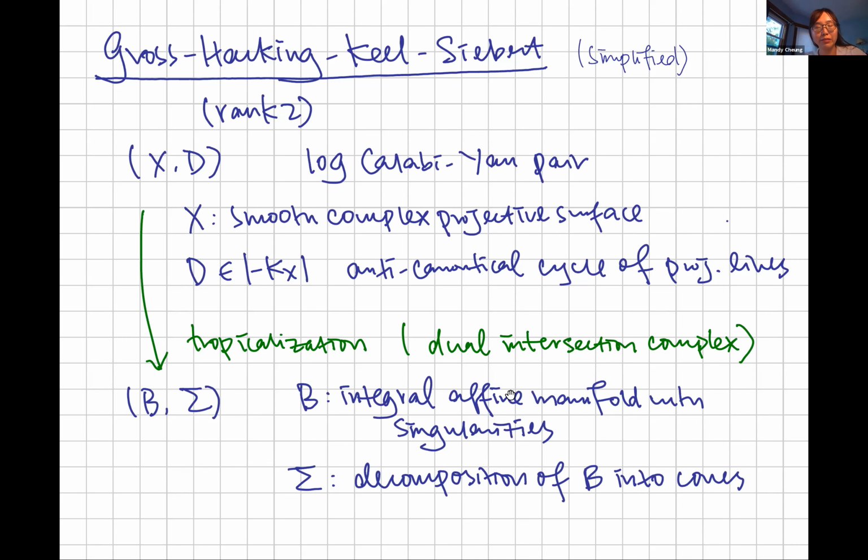In Mark's talk, he has this B, the cone. The way I'm going to say it is that from this local pair we can construct this integral affine manifold with singularity. In Mark's talk in the morning, he said this is the origin.